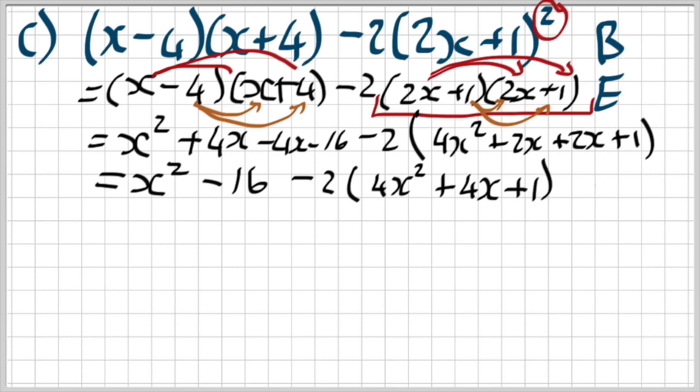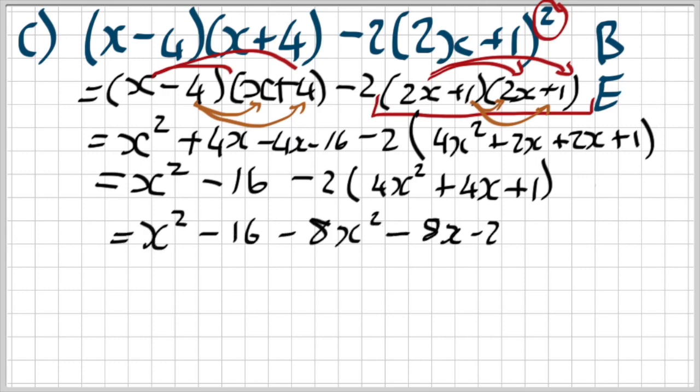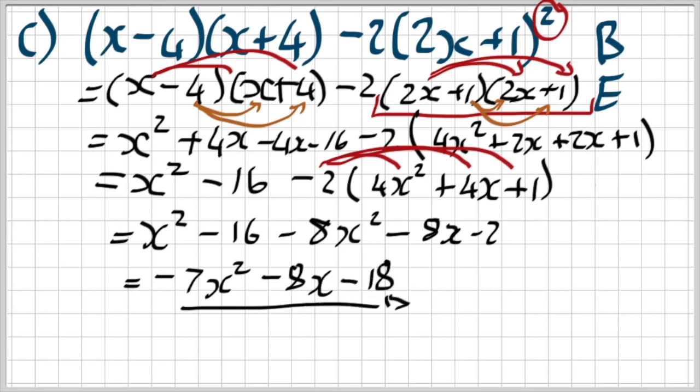I'm going to now distribute the minus 2 into my back brackets, leaving me with negative 8x squared minus 8x minus 2. Because remember, I'm distributing that in. And now I can go and add and subtract the like terms. So that gives me negative 7x squared minus 8x minus 18.